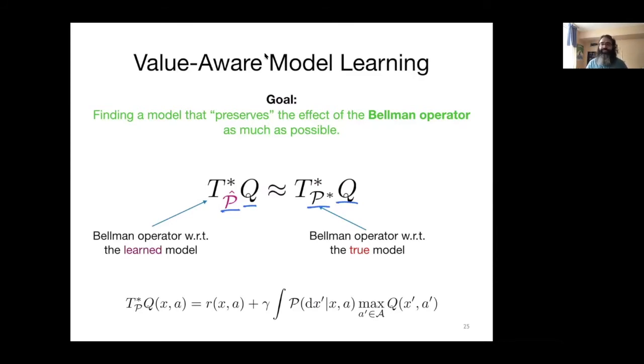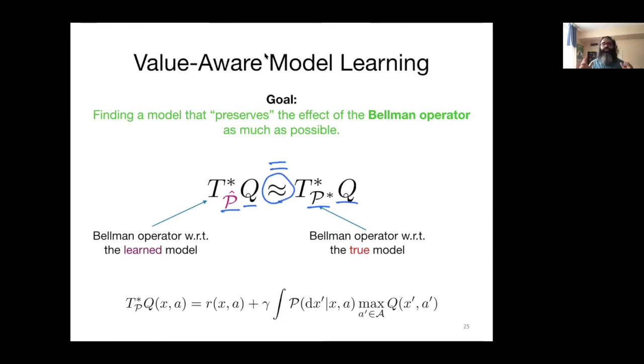So if this was an equality, then it wouldn't matter if I use P star or P hat. The effect of them, from the perspective of a Bellman operator-based value-based method, would be exactly the same. If they are not exact, but just approximate, then of course it wouldn't be exact.